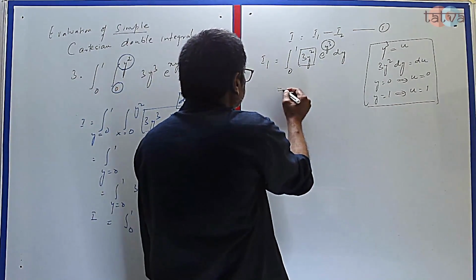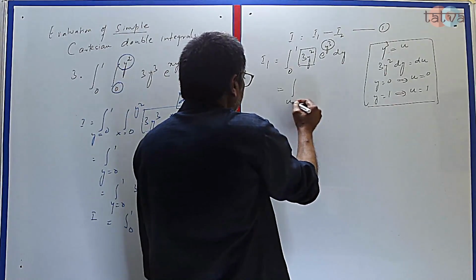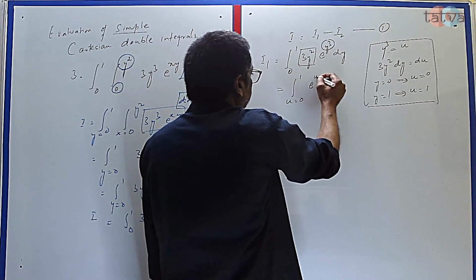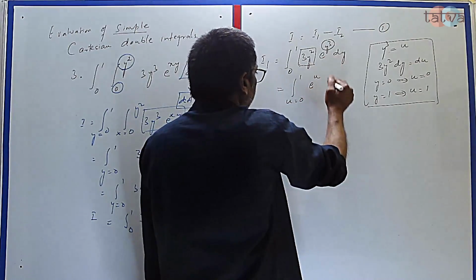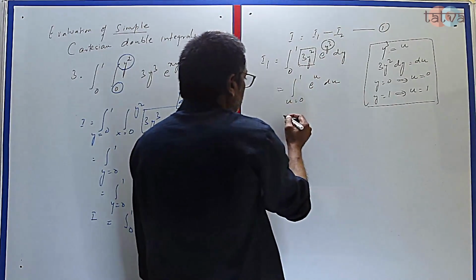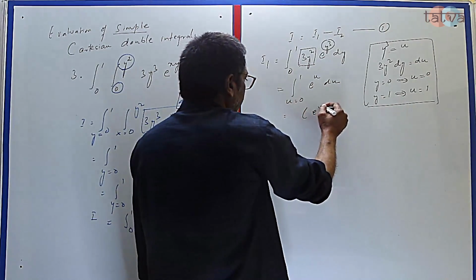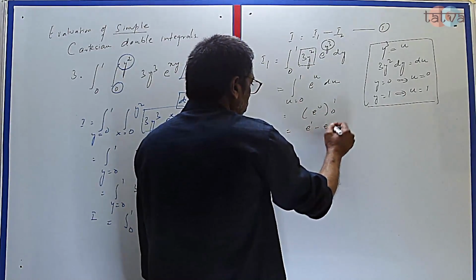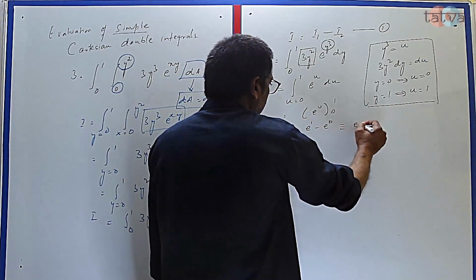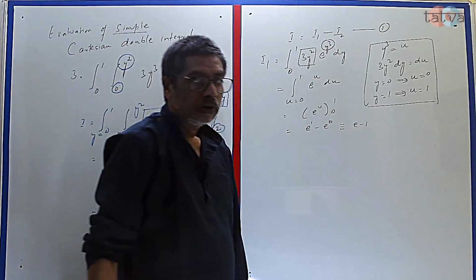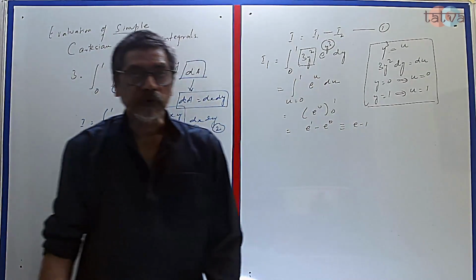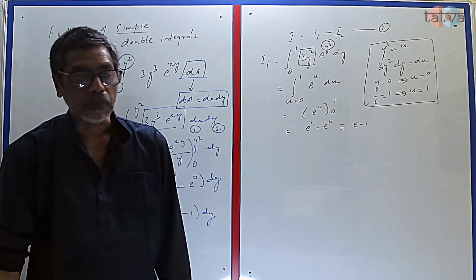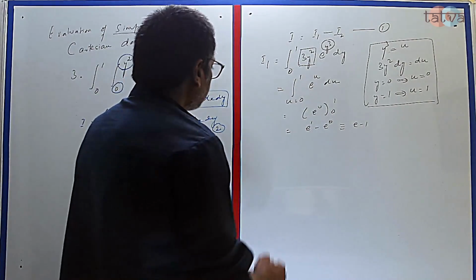So I1 is nothing but integral u equal to 0 to 1 of e power u du. That's a straightforward integration, and we get e minus 1. So I1 produces e minus 1 as the output. Let us see what happens to I2.